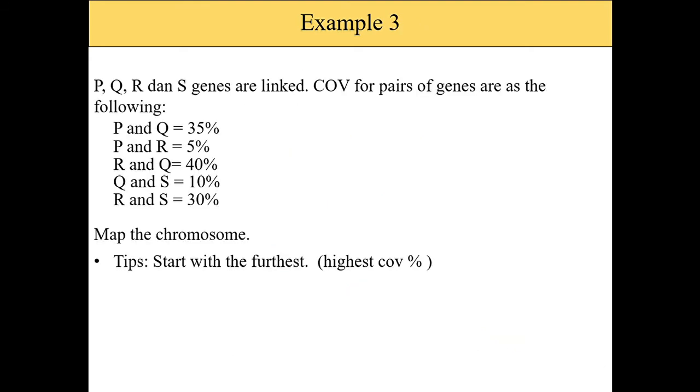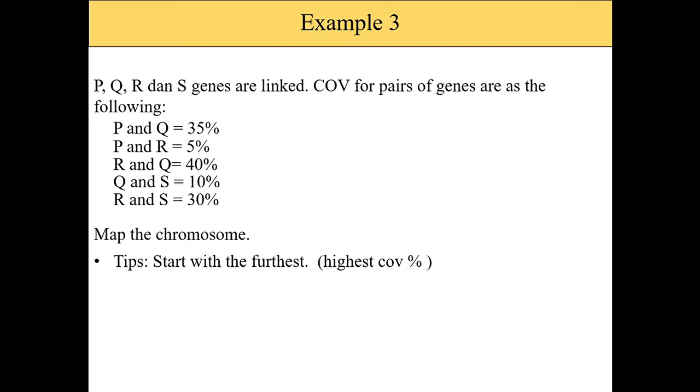So here we have example 3. It says here that P, Q, R, and S genes are linked. The crossing over values for pairs of genes are given here. This question asks you to map the chromosome. So the tip or hint here is, you start with the furthest, meaning the pair with the highest COV.